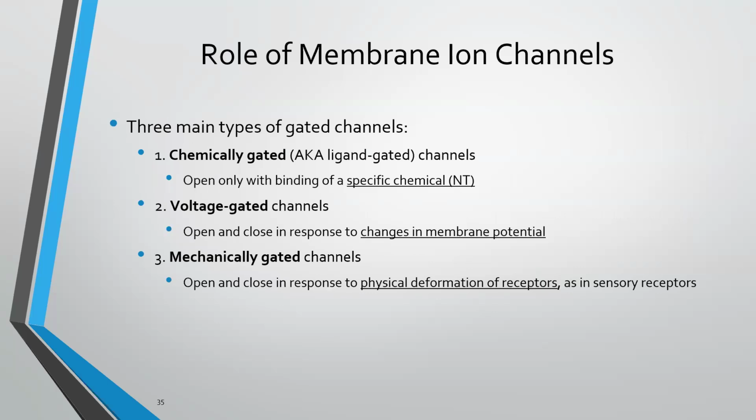You have chemically gated, which is also called a ligand gated channel. It only opens when a specific chemical binds to that gate. You have a voltage gated channel, which opens and closes in response to changes in the membrane potential. And then you have mechanically gated channels, which open and close in response to physical deformation of the receptors.